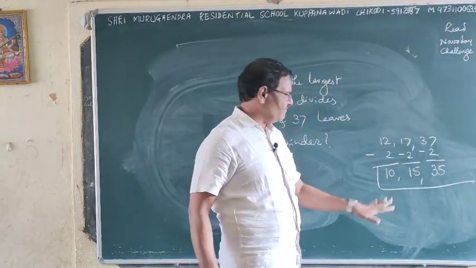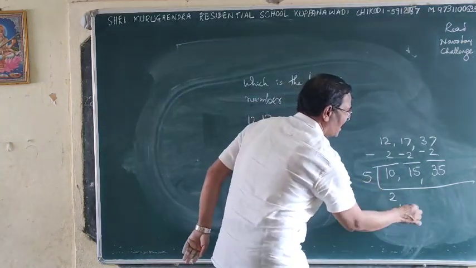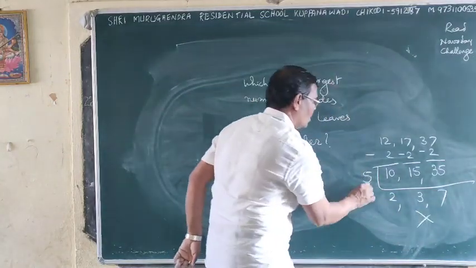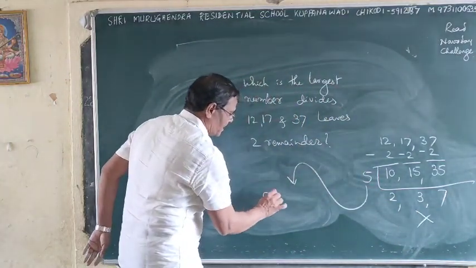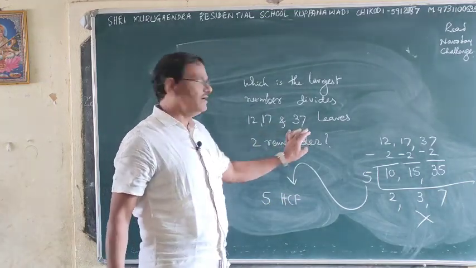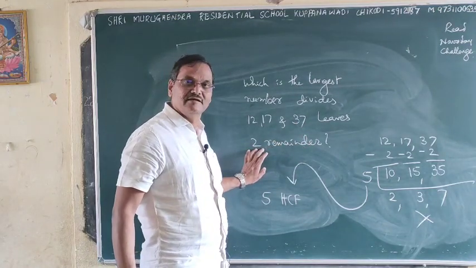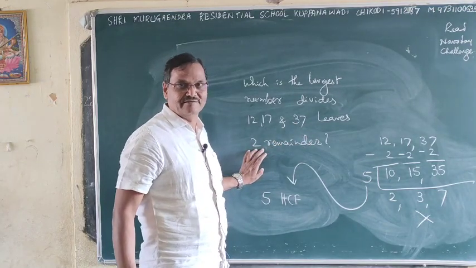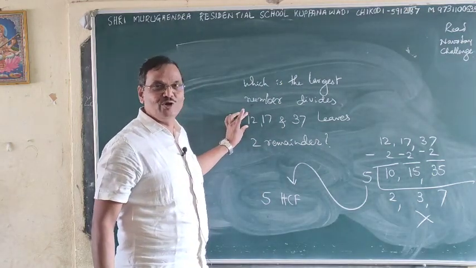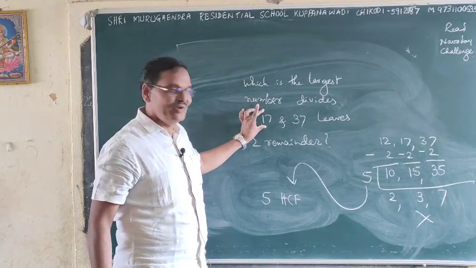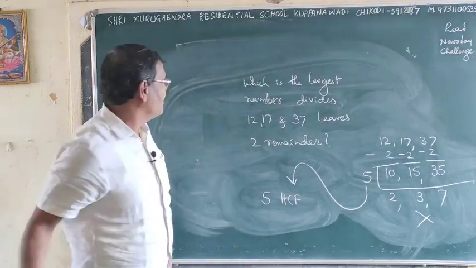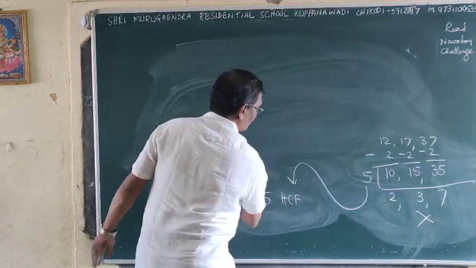You see, visible in the 5's table, they are all 5 2's, 5 3's, 5 7's. All these are prime numbers. So 5 is the greatest number that divides 12, 17, 37, leaves in each case 2 as remainder. See, 5 2's are 10, 2 remainder, 5 3's are 15, 2 remainder, 5 7's are 35, 2 remainder. Okay, here in this case you have to do like this.